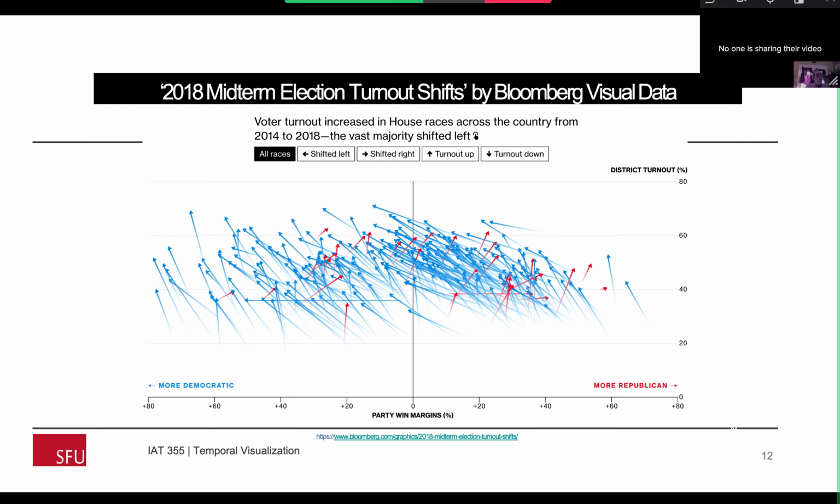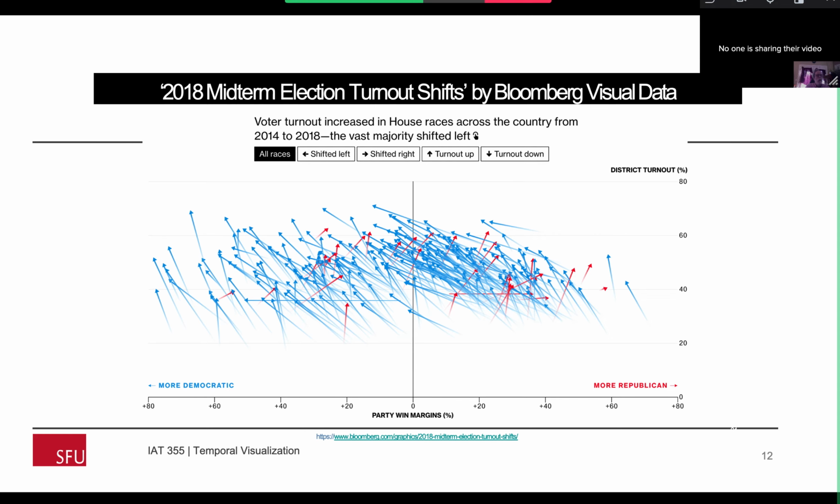Sometimes using time as the primary dimension of temporal visualization is not necessarily the most interesting choice. One of the things that you're often interested in doing is plotting change over time across a number of different data points.